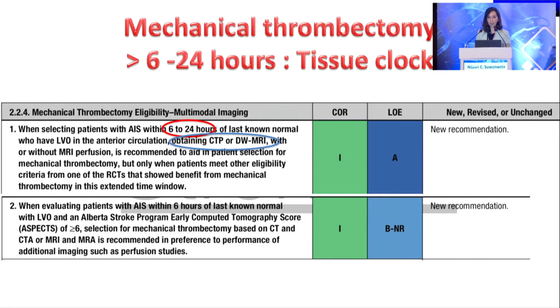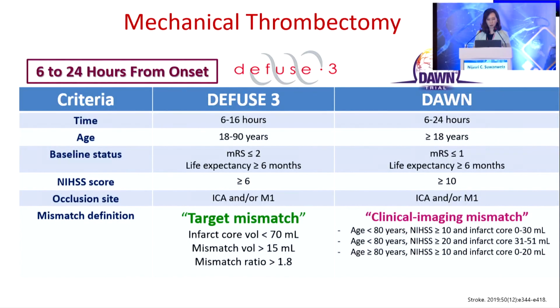Extension to 6 up to 24 hours. There are many data on that. In the guidelines, it's mentioned that after 6 hours up to 24 hours, there are studies using tissue clock. Right, in the DEFUSE 3 and DAWN studies, the time window can be up to 16 or 24 hours. They use the tissue clock, looking for the mismatch and LVO to treat these patients.